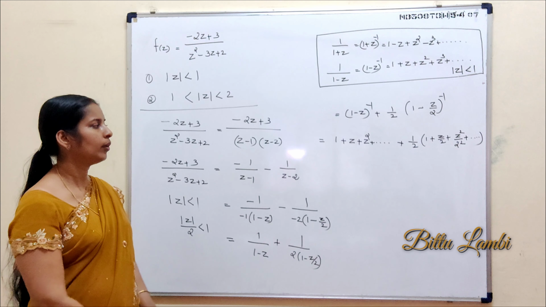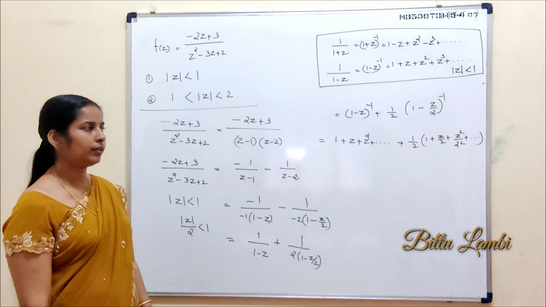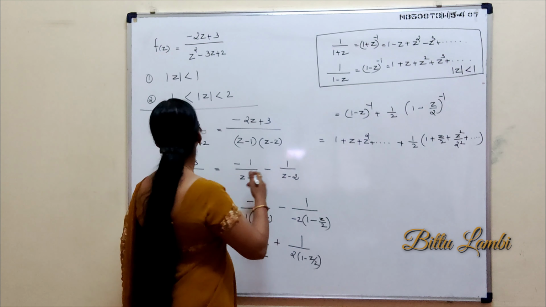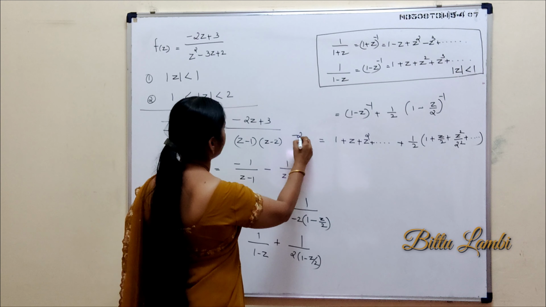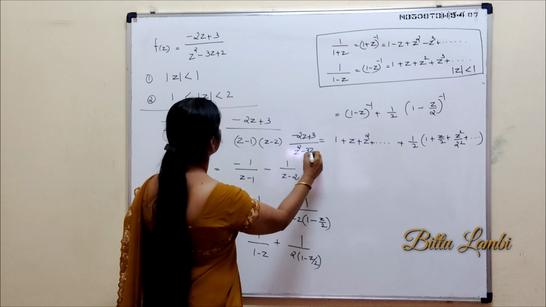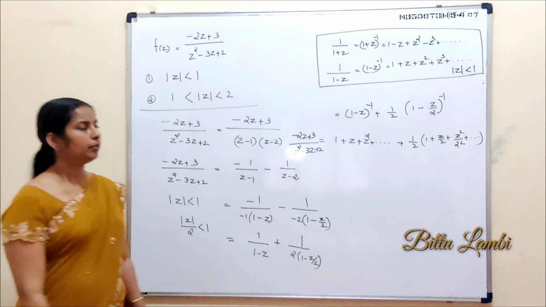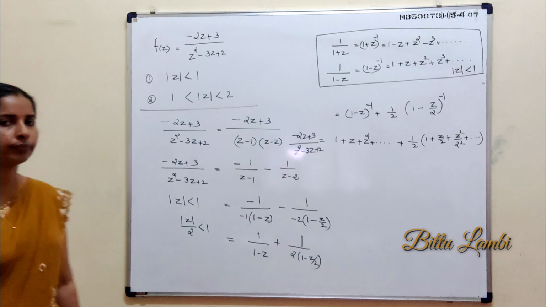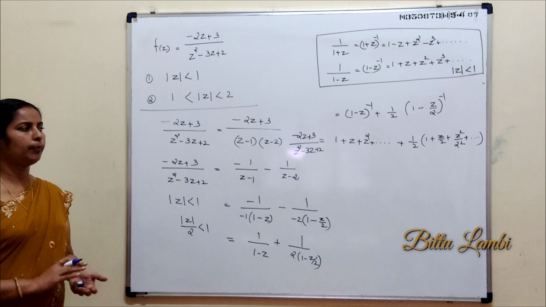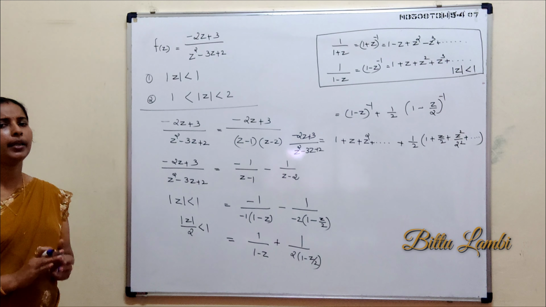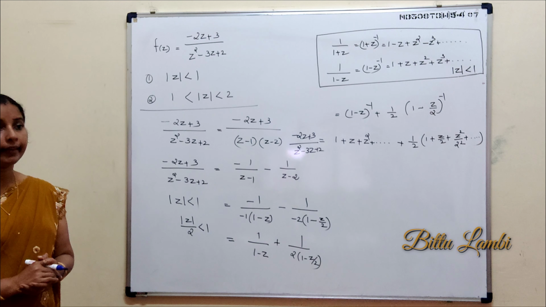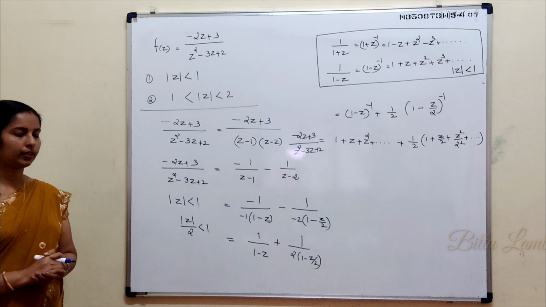Fortunately, here only positive powers of z, no negative powers of z. And this is the required Laurent series expansion of (-2z + 3)/(z² - 3z + 2) in the region mod z less than 1. Here in the expansion, only positive powers of z, there are no negative powers of z. So we can consider this as the Taylor series expansion of the given function.